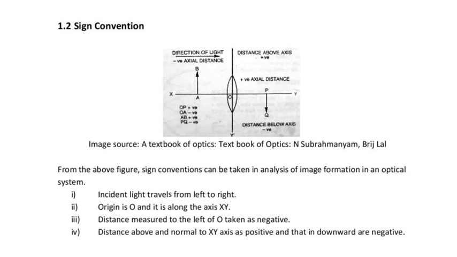Incident light travels from left to right. Second point, origin is O and it is always along the axis XY. Third point, distance measured to the left of O is taken as negative, distance above and normal to XY axis as positive, and that in downward are negative.